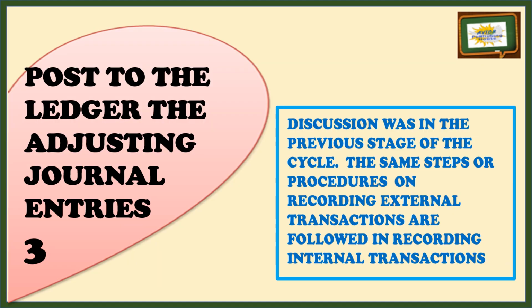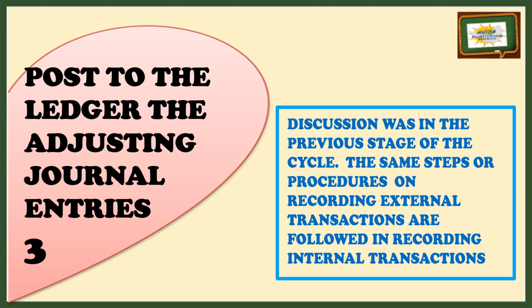So after journalizing those adjusting entries, or updating entries, we have to post the adjusting journal entries to the ledger. There was already discussion in the first stage of the cycle.